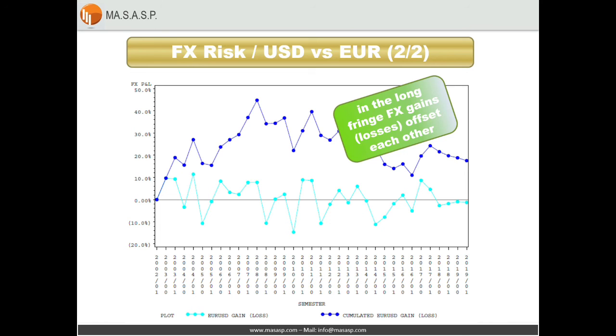In fact, at the end of this 18-year observation period, the appreciation of the domestic currency over the US dollar is negligible if compared to the US stock index appreciation. It would be even more negligible if we took into account a system combination such as the MASASP SPG4, which overperforms the US stock index.